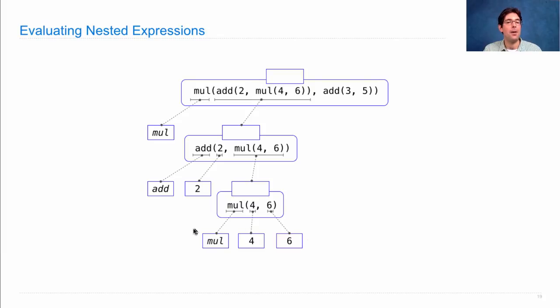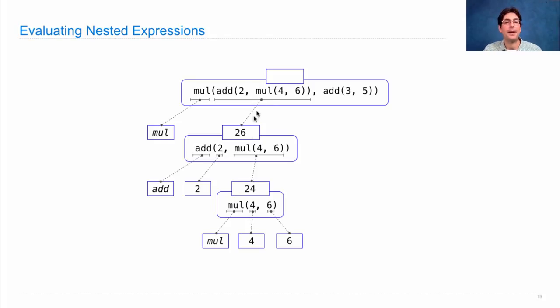Since I now have all of the operands evaluated, I can apply multiply to 4 and 6 to get 24. This is the value of that expression. Now I've actually evaluated all of the operands from this sub-expression, which means I can apply the function add to 2 and 4 in order to get 26.